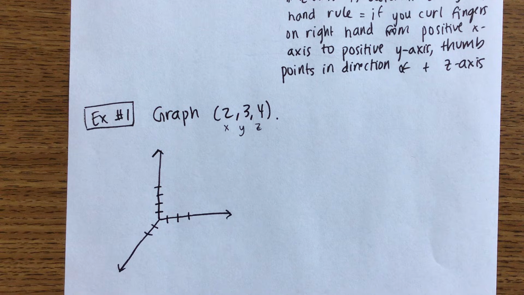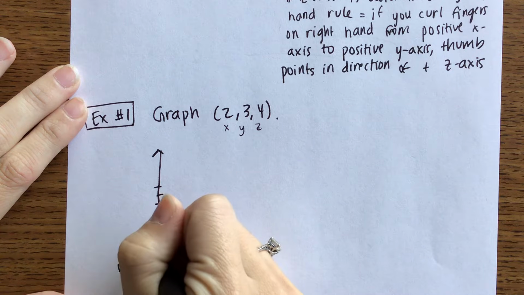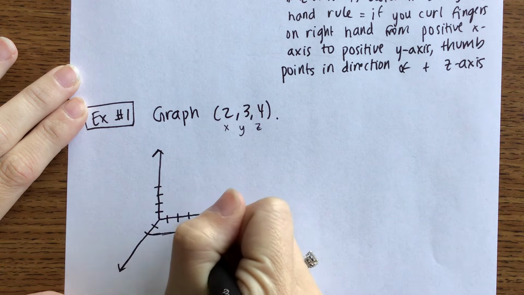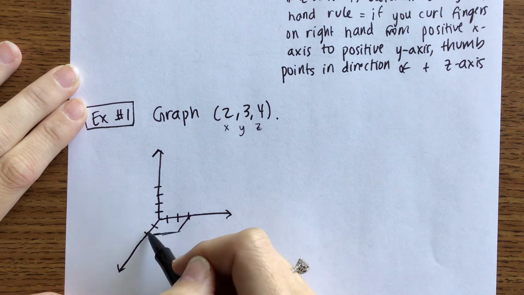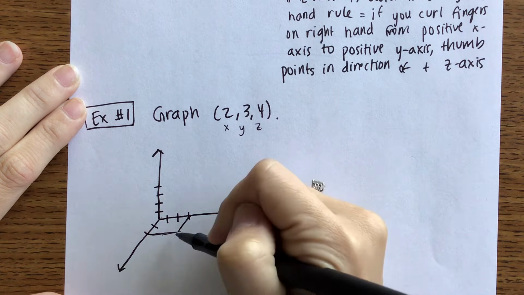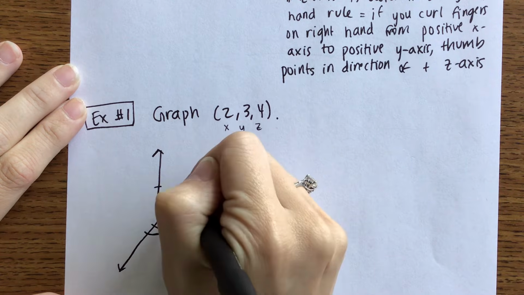It's kind of hard just to plop the point somewhere. So instead, normally what we do is draw a prism and the point will be one part of the prism. So if I come out 2 and over 3, it forms this part of the prism. So this is where I went out 2 and over 3, and then I go up 4. Now that up 4 is part of the prism.